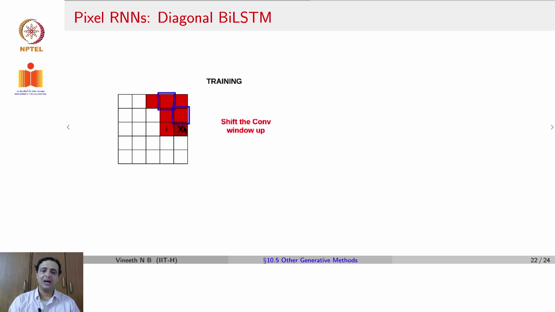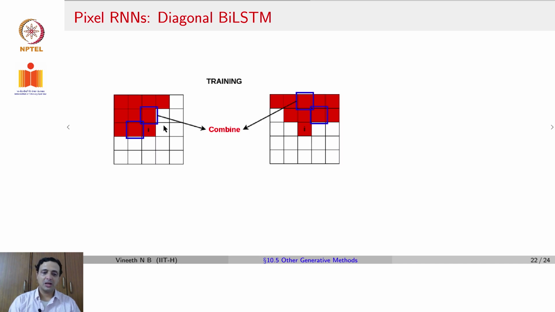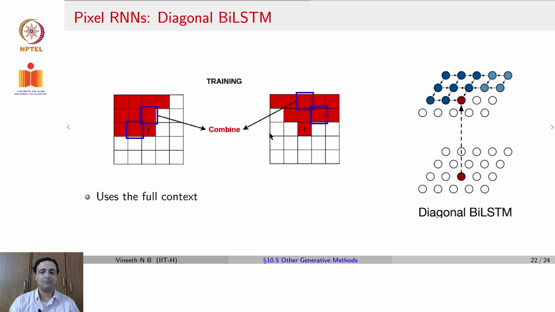So in a diagonal BiLSTM approach, when you come from the other diagonal, you use these top two pixels as the context to generate this particular pixel I. That's the only change that occurs. But now you try to combine the context that you get from both of these and then get your generation at the value I, which is what we talked about for a bidirectional RNN.